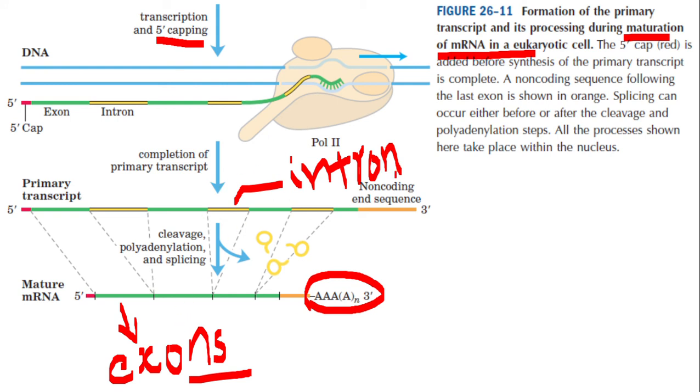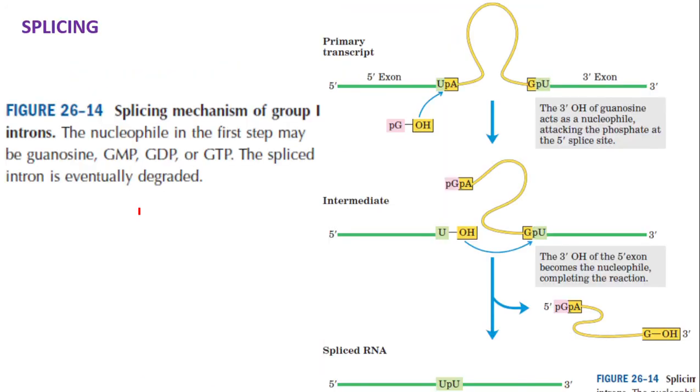They are not required for protein synthesis. So there is a process called splicing, during which introns are removed from the primary mRNA and the exon fragments are joined together, producing the final mRNA. This is what is called splicing, and we are going to see splicing in detail.